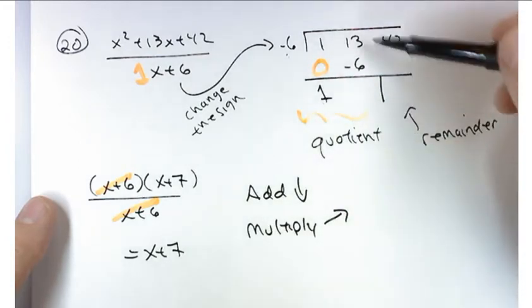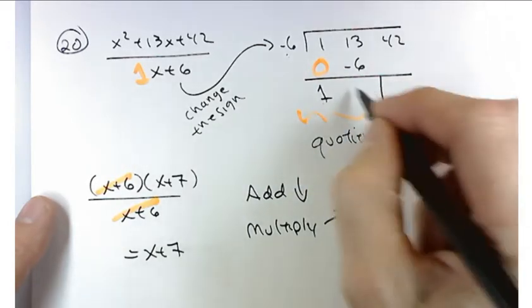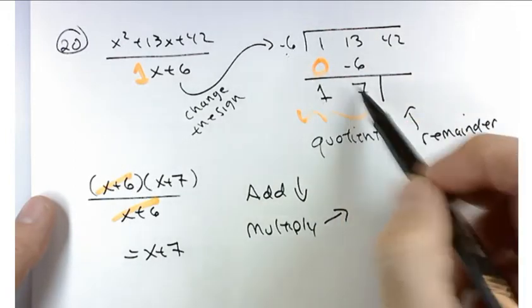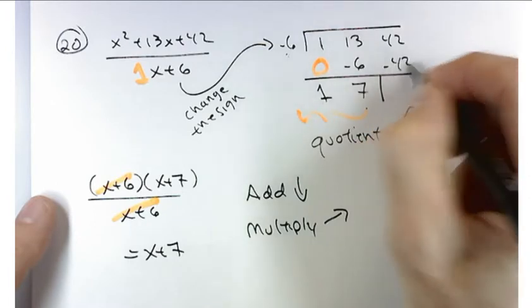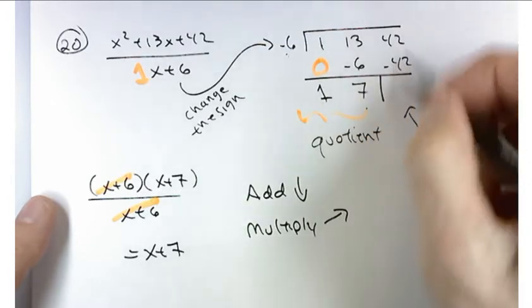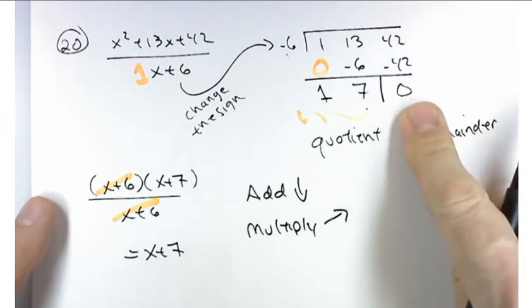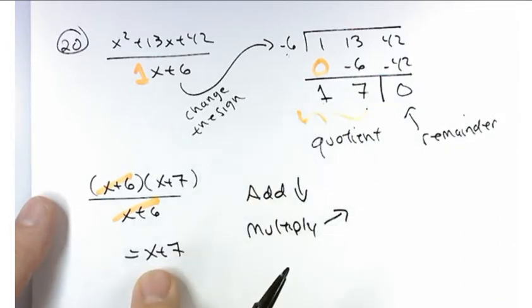Add going down. What do I get? 7. Then multiply. Negative 42, and that goes up here. Add going down. 0. So that's our remainder, which is what we expected. We didn't expect a remainder. And this somehow represents your polynomial.